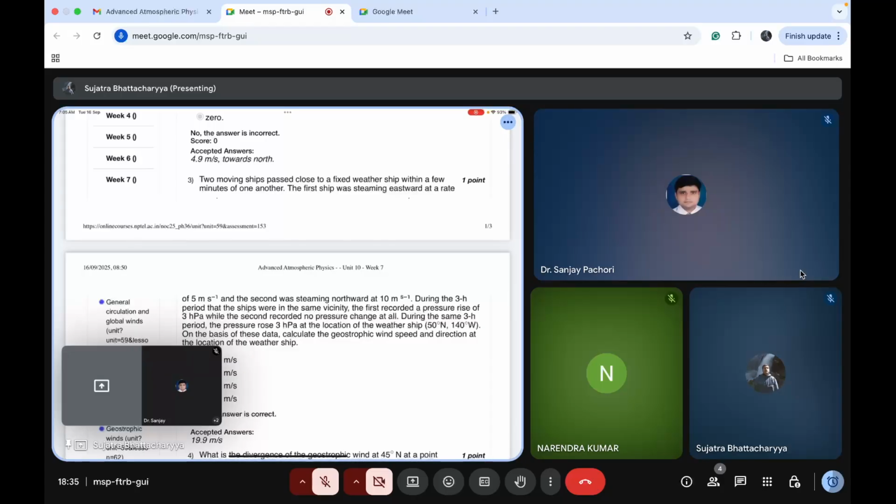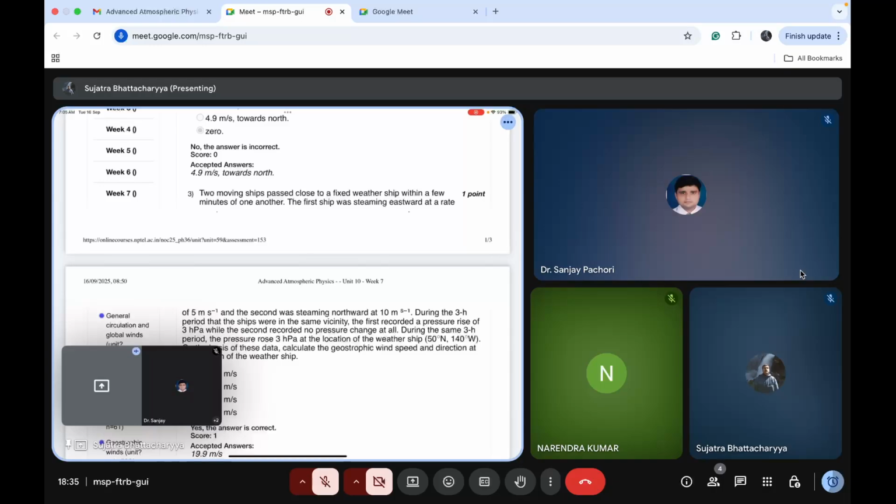The third question says that two moving ships passed close to a fixed weather ship. In an ocean there is a weather ship which generally observes certain meteorological variables like temperature, SST, wind speed, all those things. That is a weather ship.